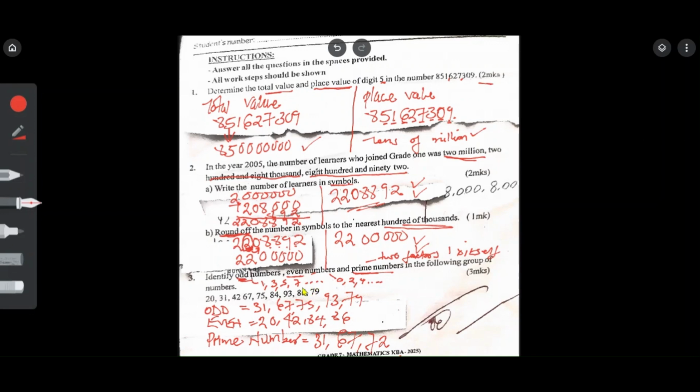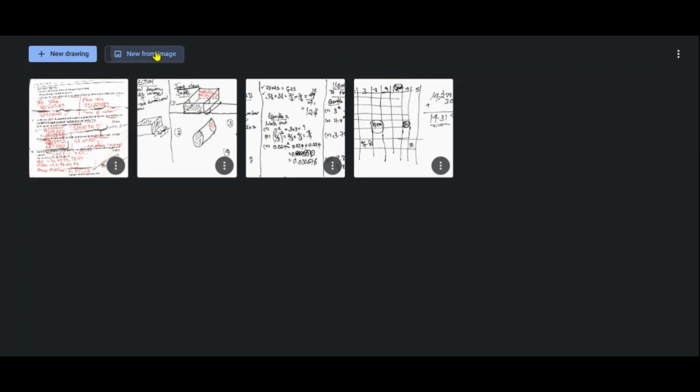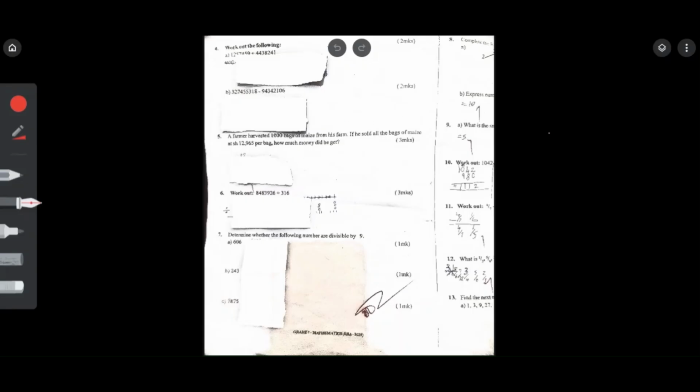So that is what we had for the first section. If I go to the second page, let me pick page 2. We open that, and yes, this is what we had in page 2.